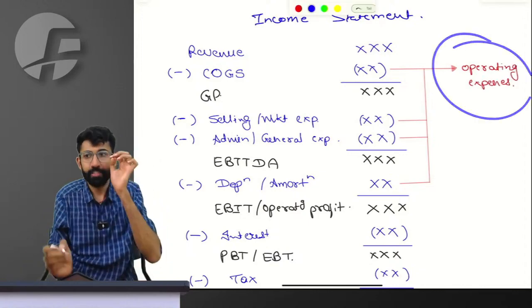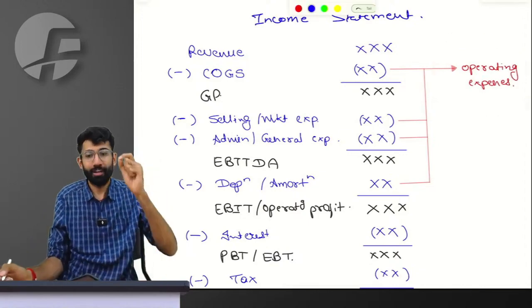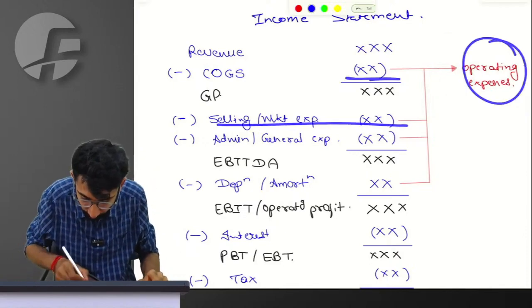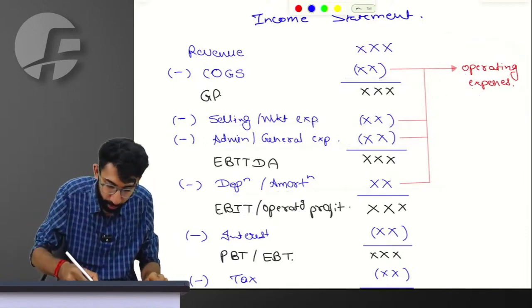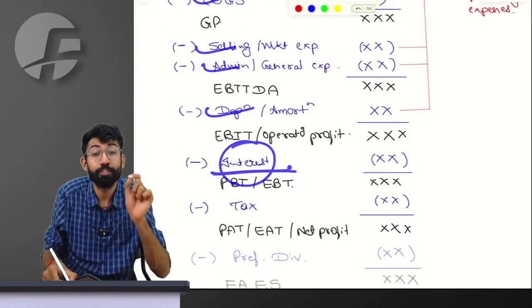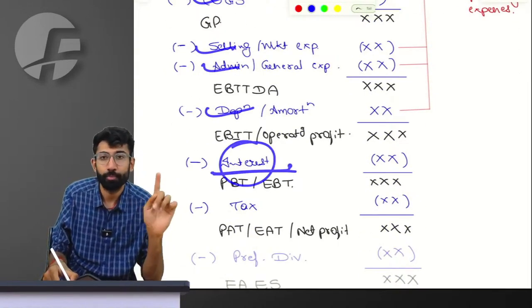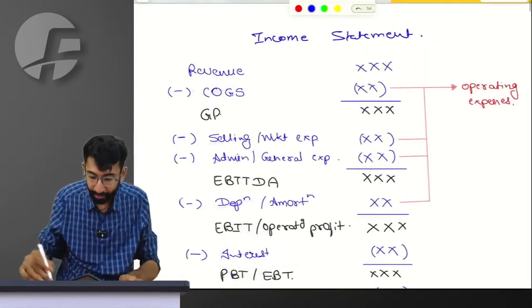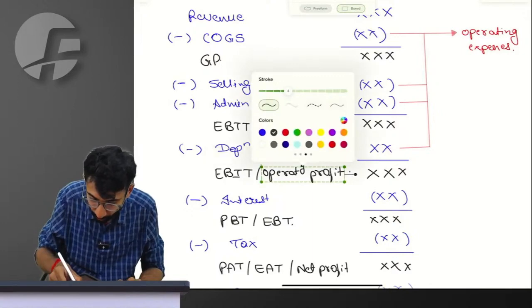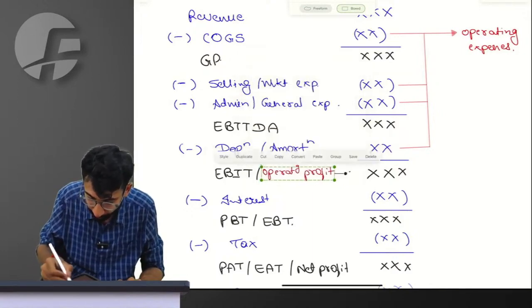In general, when someone says operating expense, you have to understand that is an expense for maintaining or related to your operations. Because after that is interest, which is a financing nature of expense, not operating nature of expense. And that is the reason this profit is called as operating profit, if you realize.